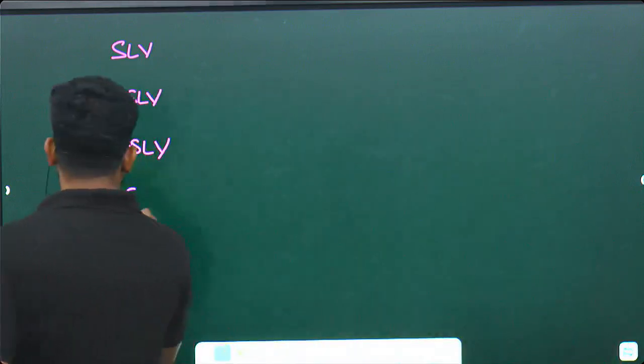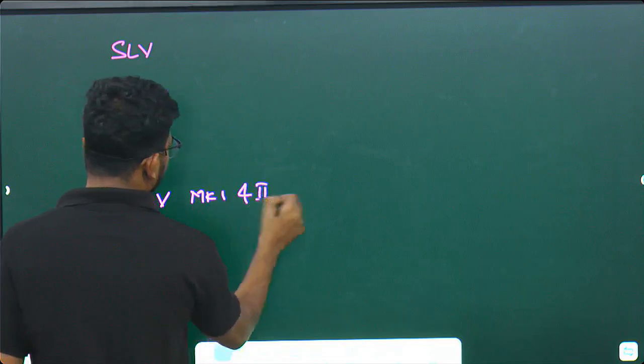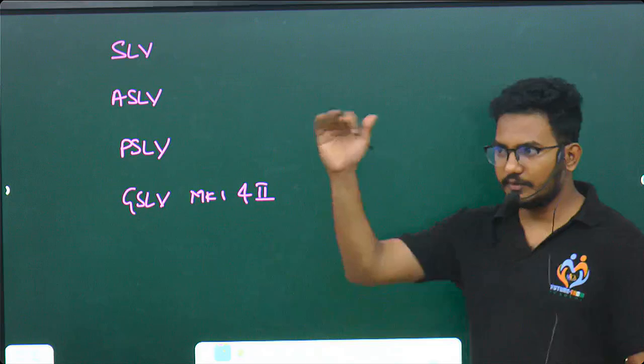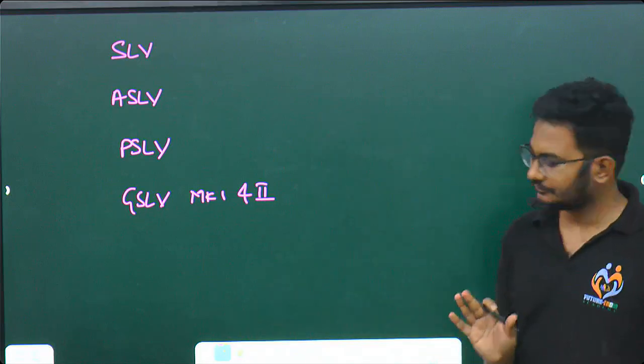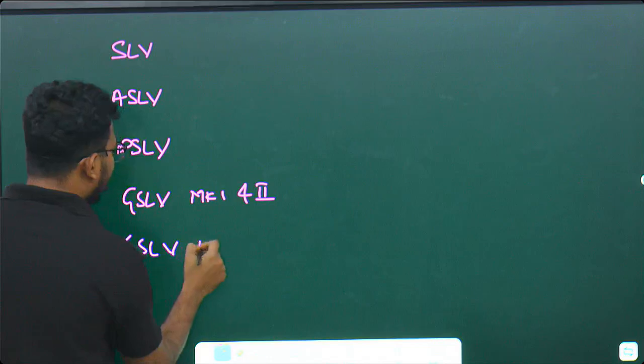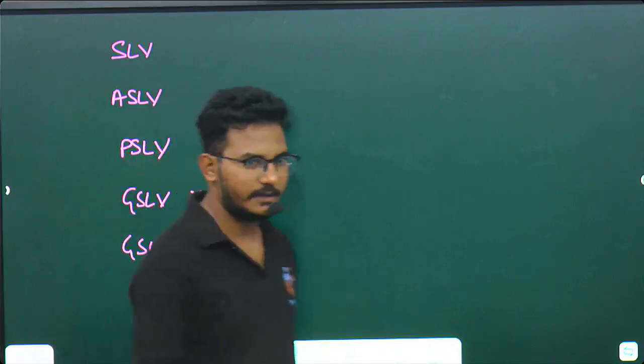And then GSLV Mark 1, 2, three stages: liquid, solid, cryogenic. And then GSLV Mark 3, again three stages, but this time capacity increased.